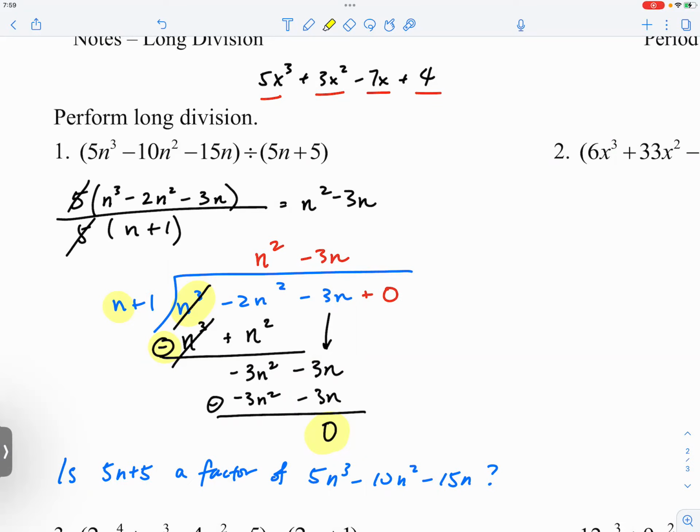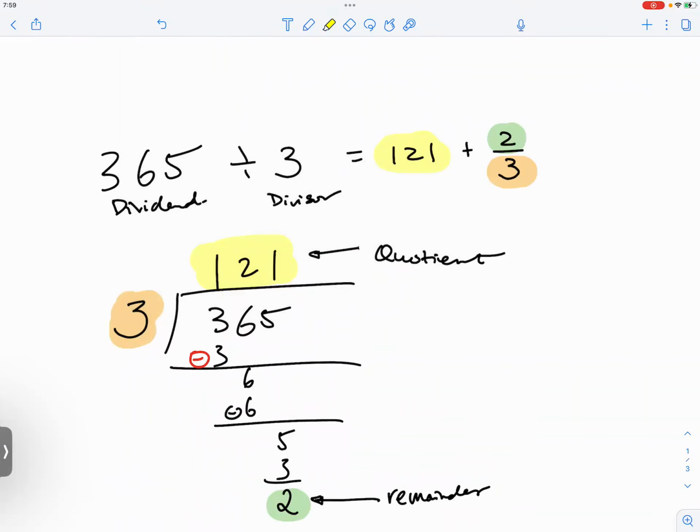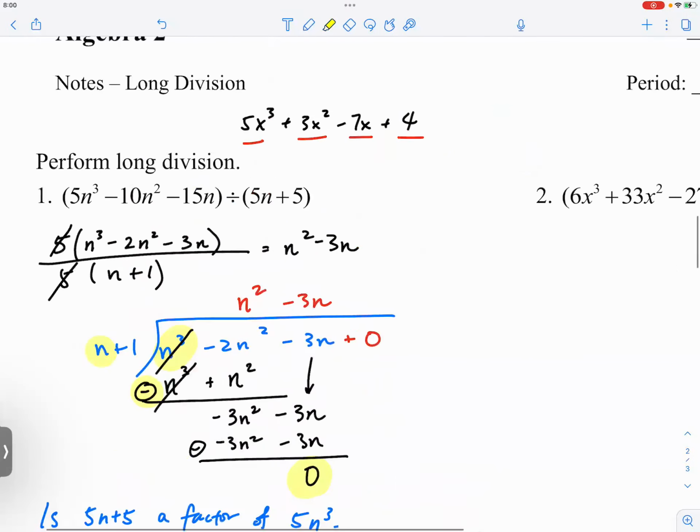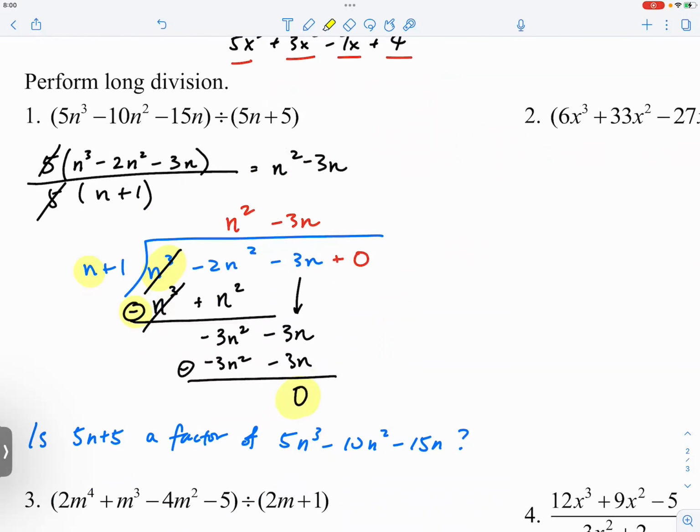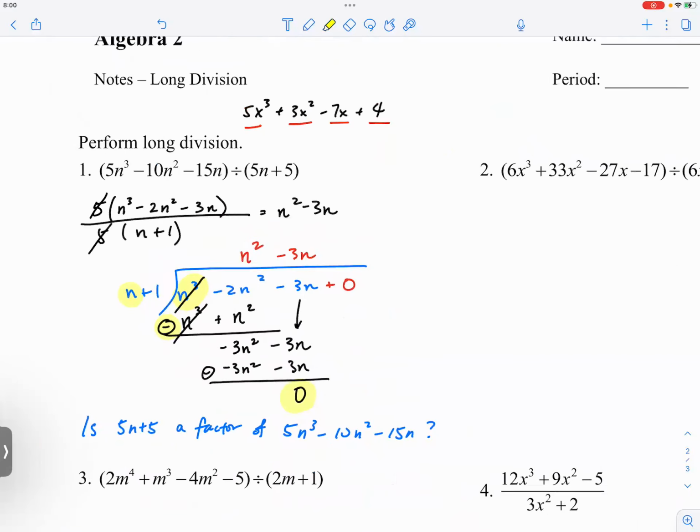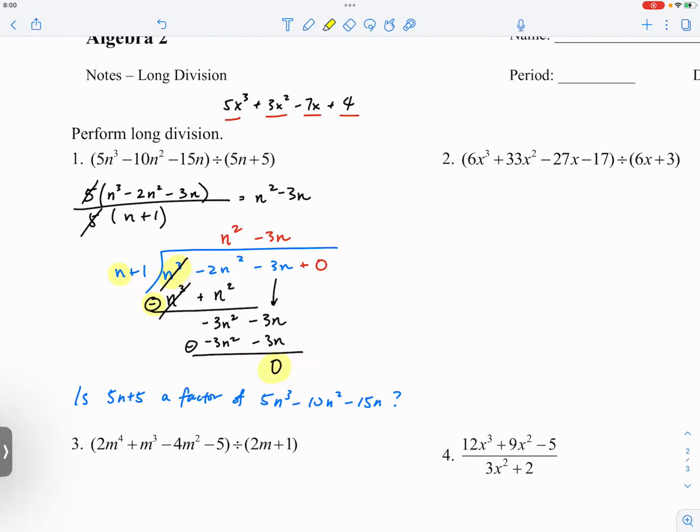So I'm going to do a few more examples and then see if you can really capture the process. And I hope you can really see the parallel here, that whatever we're doing right now is just like the ones that we had done back in elementary school, except that it's more sophisticated. All right, so let's move on to number 2, all right?